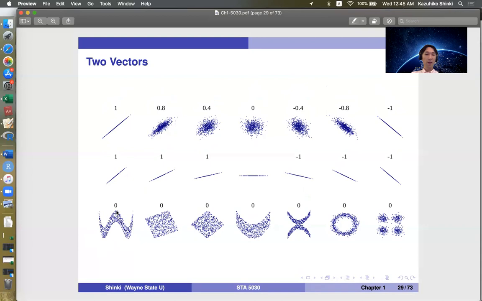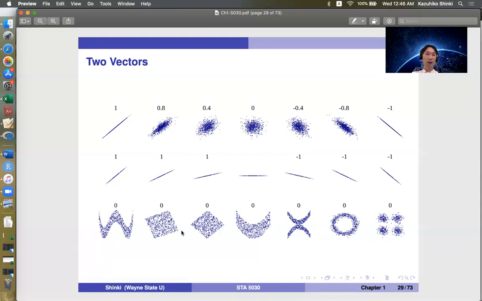If x is negative around here, we have some positive relationship, but here a negative relationship, and here a positive relationship. So overall, we don't have any tendency of linear relationship between x and y. A larger x does not mean a larger y, and does not mean a smaller y either. And also, in the next graph, we have an obvious pattern here.